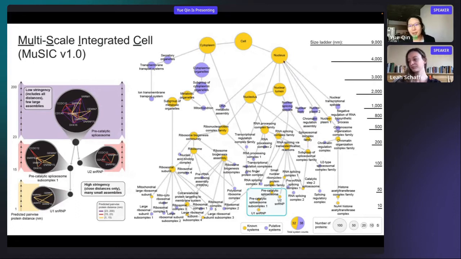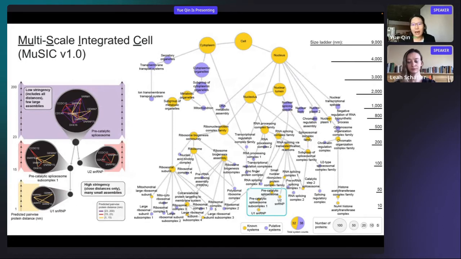For example, cytoplasm and nucleus are child systems of cell; they're contained by cell, and cell is thus their parent system. The size of each node represents how many distinct proteins are assigned to this community. The color shows whether the system has been previously documented or not, which allows us to distinguish between known systems and putative novel systems that we can further dive into to see what biological insights we can learn.